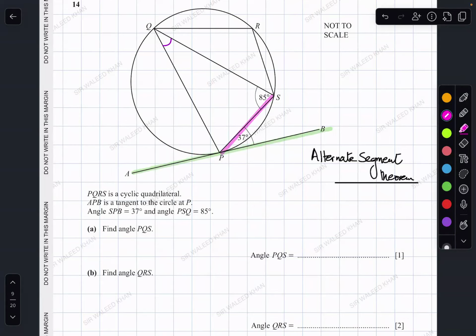You can see that is 37. Angle between the tangent and the chord is the same as the angle made from the same chord onto the circumference. So इसी chord say if I make an angle onto the circumference like this, then these two angles are equal. Which two angles? This over here and this over here. So that is also 37.